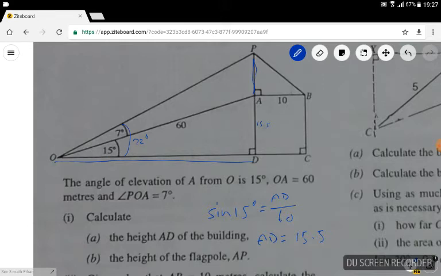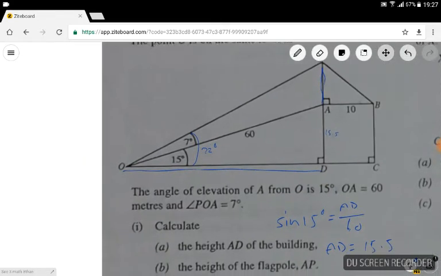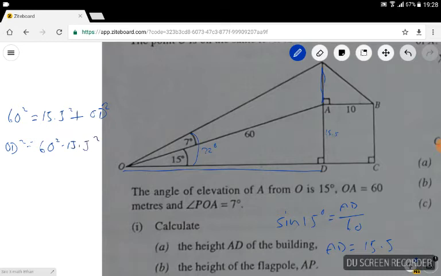What is the length OD? Let's use Pythagoras. To find OD, so this is 60, this is 15.5. So 60 squared equals 15.5 squared plus OD squared. So OD squared equals 60 squared minus 15.5 squared.